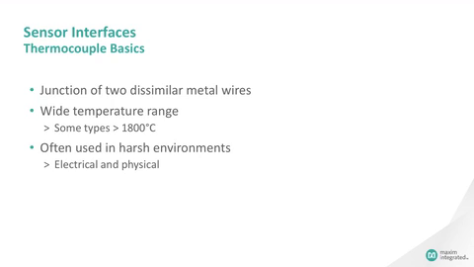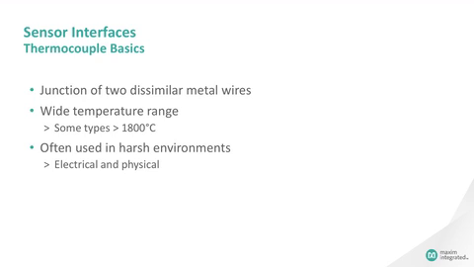Thermocouples are pretty useful devices because they handle the widest temperature range of the devices we've discussed. It was discovered in the early 1800s that when two different metals are joined together, a very low voltage is generated. This voltage is on the order of microvolts, and the actual value depends on the types of metals used to form the junction.